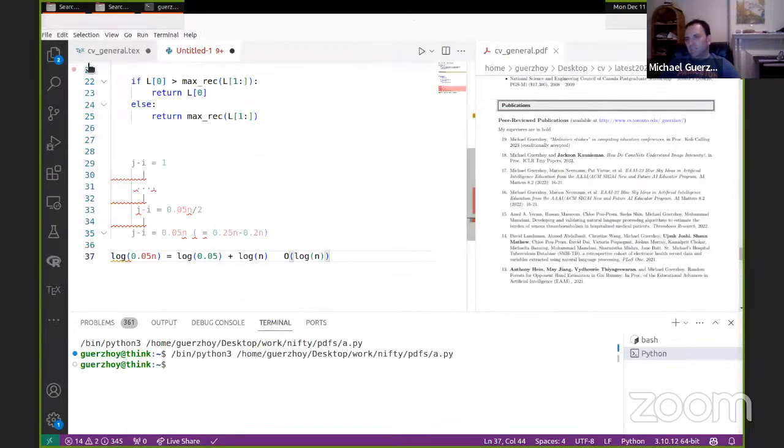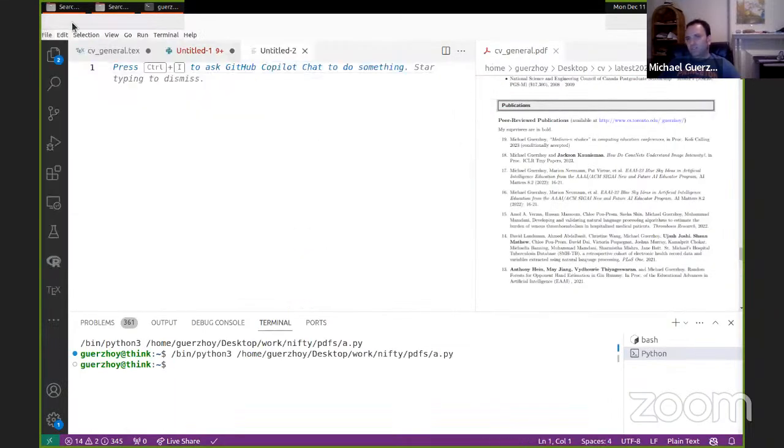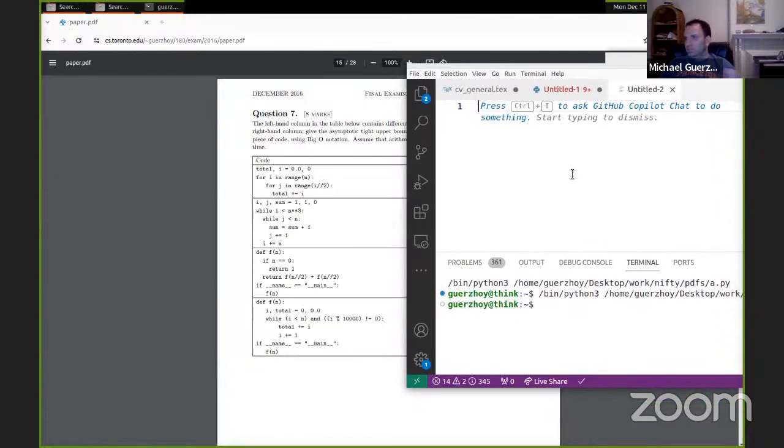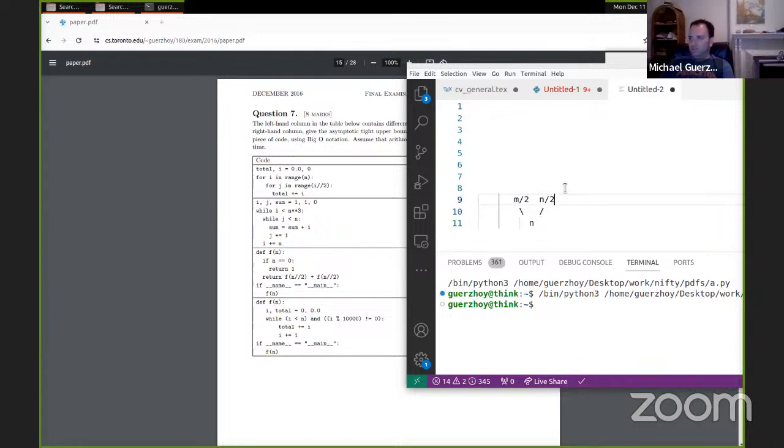What's happening here is one of the shapes of trees that we've seen: you start with N, and then that branches out to N over 2 and N over 2. And then those branch out to N over 4, and so on down to 1.